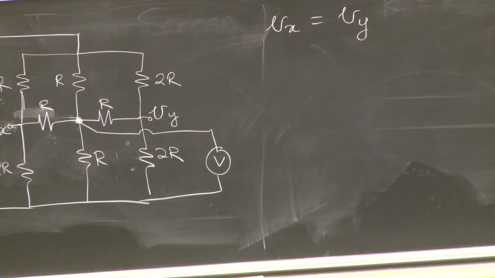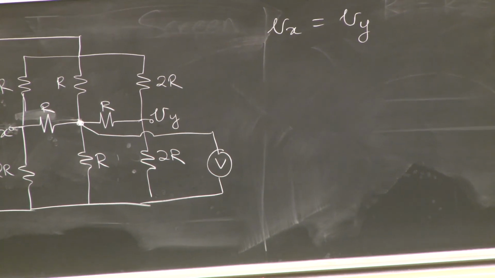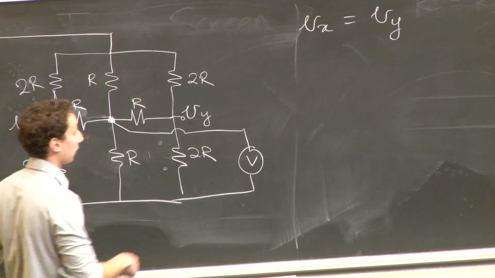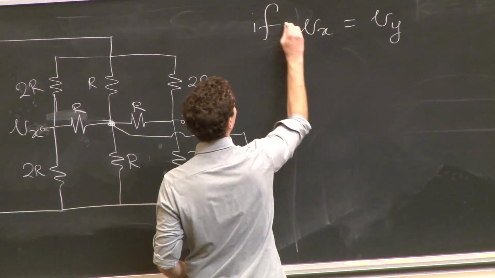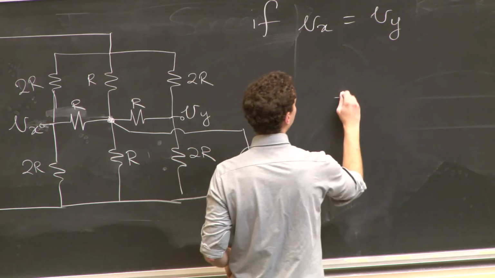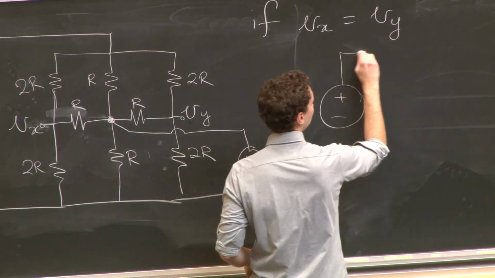If there's no potential difference, is there any current? No, there's no current. Which means that if these are the same, I can basically just get rid of these resistors down the middle. So if my assumption is true, I'm just going to get rid of those resistors.